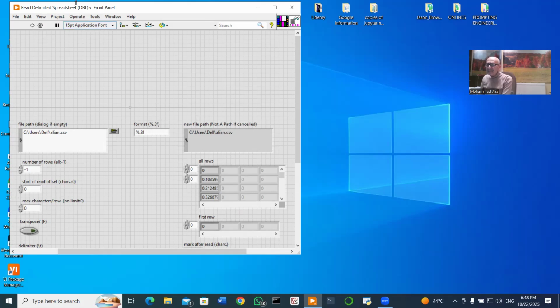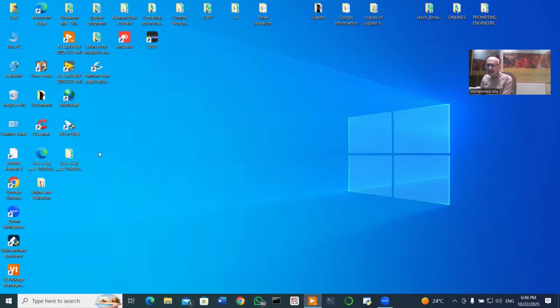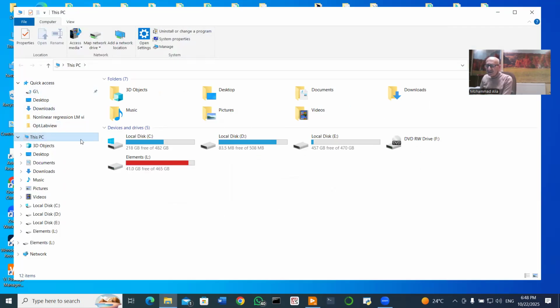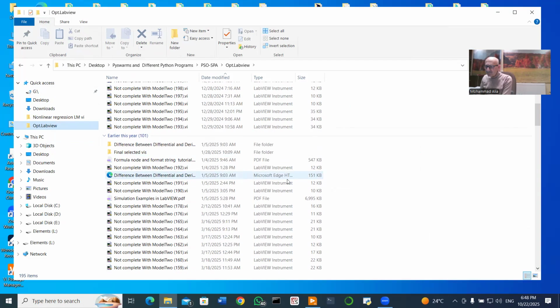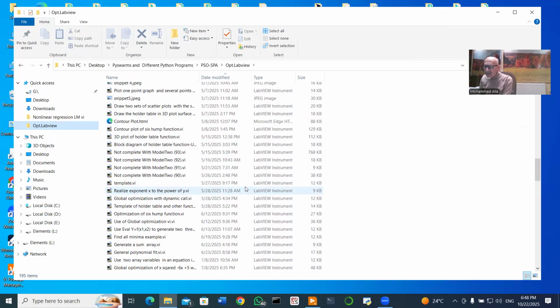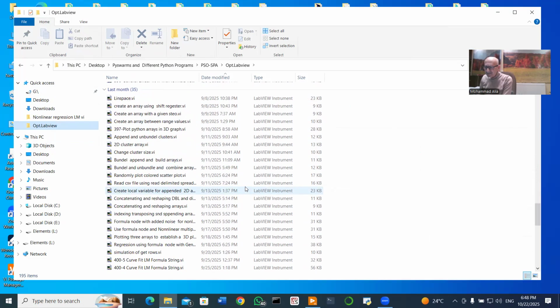Okay. Now let us move to another example. I will show you now another example in LabVIEW, of course in the field of regression of nonlinear functions.